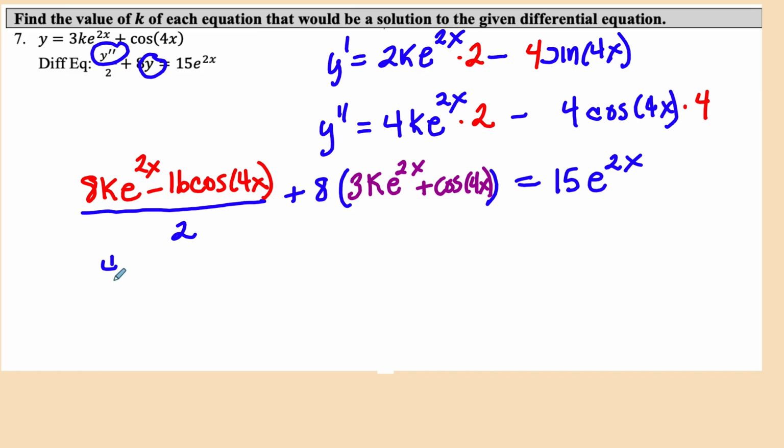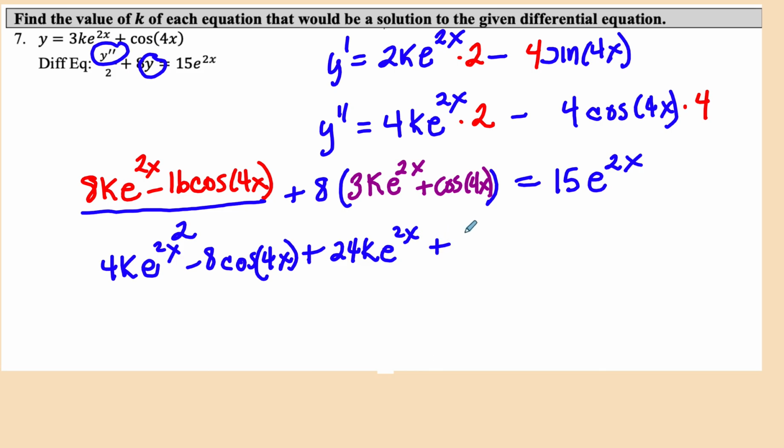So this is 4k e to the 2x minus 8 cosine of 4x. And then I'm going to distribute plus 24k e to the 2x plus 8 cosine 4x, and equals 15 e to the 2x. And it looks like this and this will go to 0.